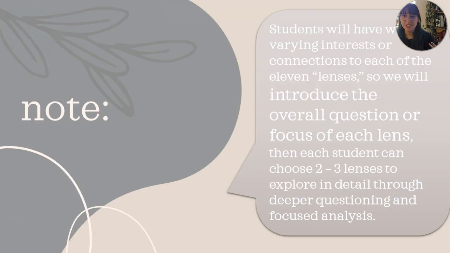And just as a friendly reminder, since I know that students each have widely varying interests, widely different connections to each of these 12 lenses, we're going to introduce each of them, introduce an overall question or focus, and then your job as a student is just to choose 2 or 3 that you want to explore in detail through deeper questioning and more focused analysis.